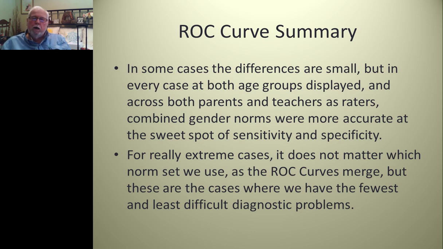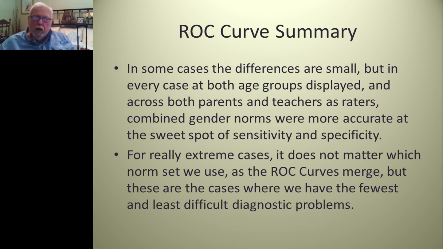So if we look at these diagnostic accuracy curves, even though the differences are small at the ends, for those kids who are particularly normal or extremely disturbed, I don't worry about those kids. We'll get those right either way. The middle is where the differences are greatest. That's where the combined gender norms really are far better than homogeneous gender norms.